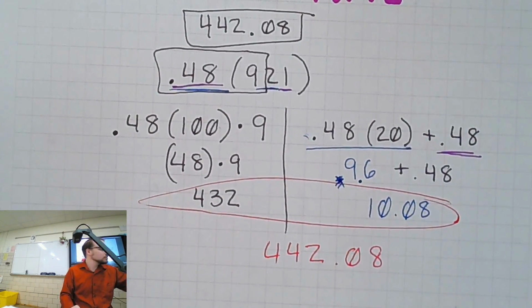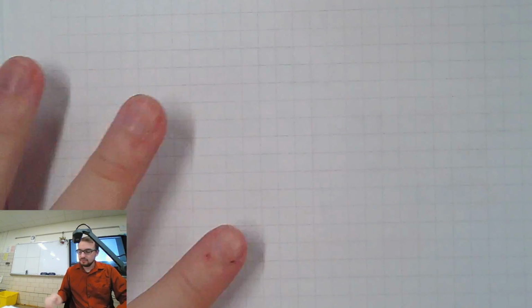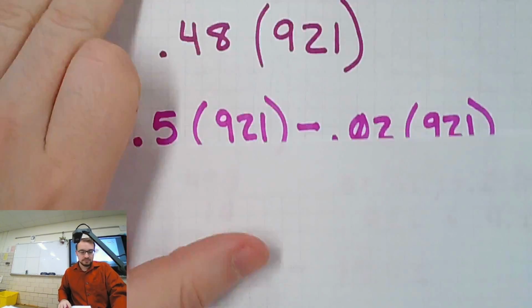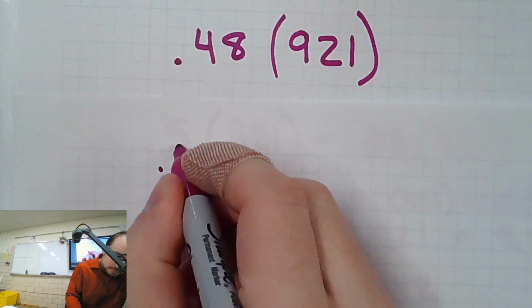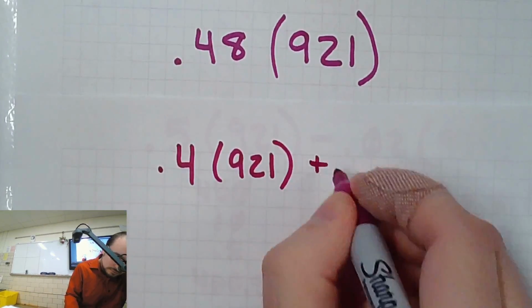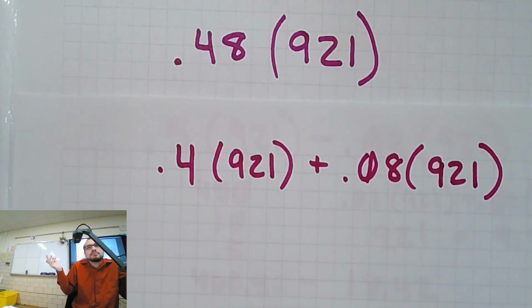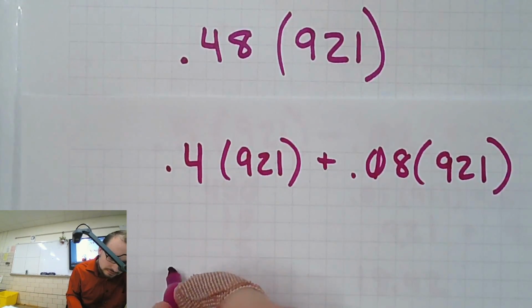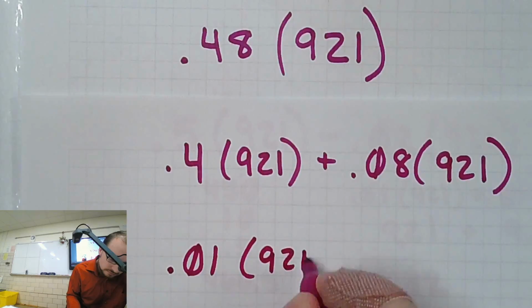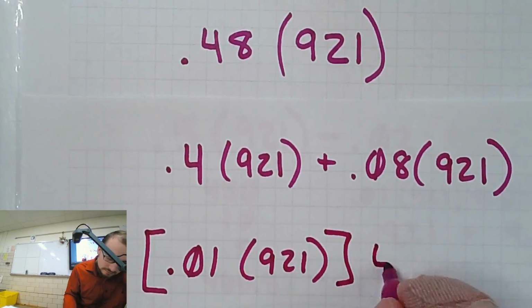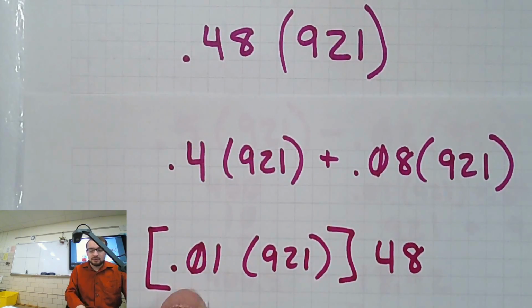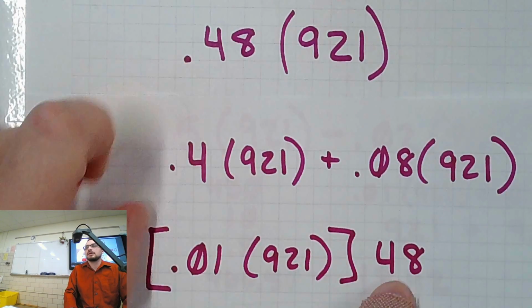How about this? What about this? Find out what 0.01 is of that, and then times it by 48, right?